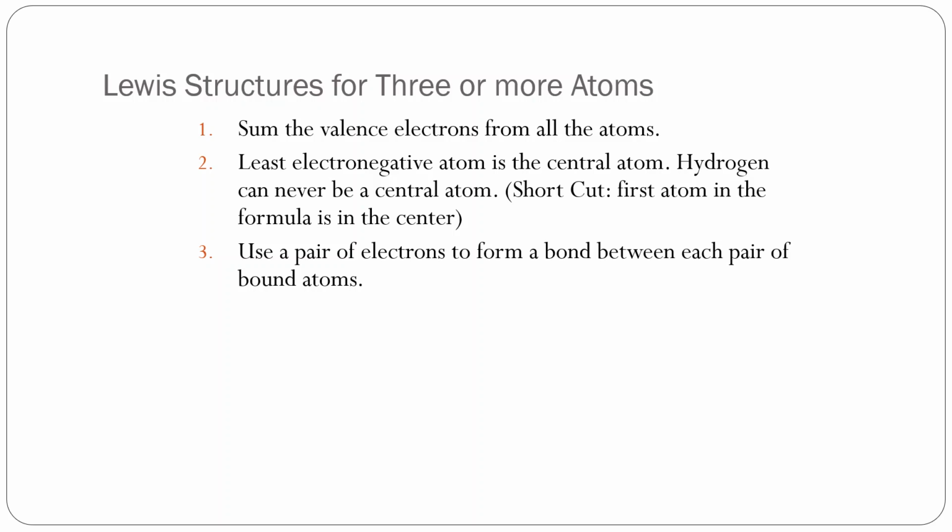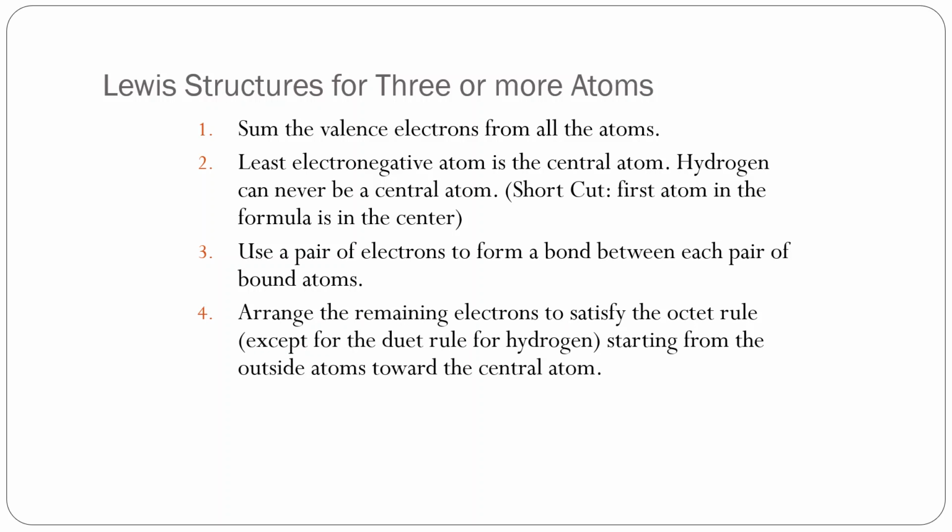Third, draw the central atom and atoms around the central atom. Then use a pair of electrons to form a bond between each pair of bound atoms. Fourth, arrange the remaining electrons to satisfy the octet rule. Again, except for hydrogen, which follows the duet rule.